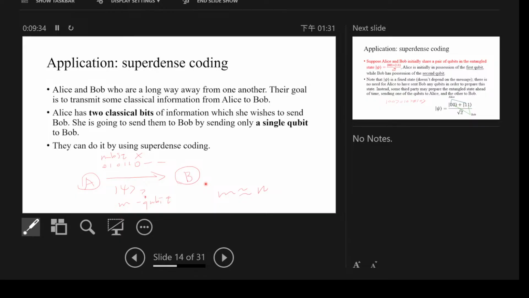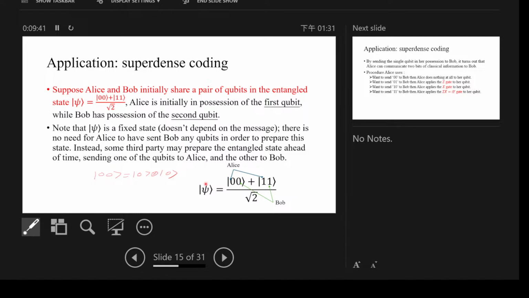But they can do a bit of pre-sharing by using entanglement.